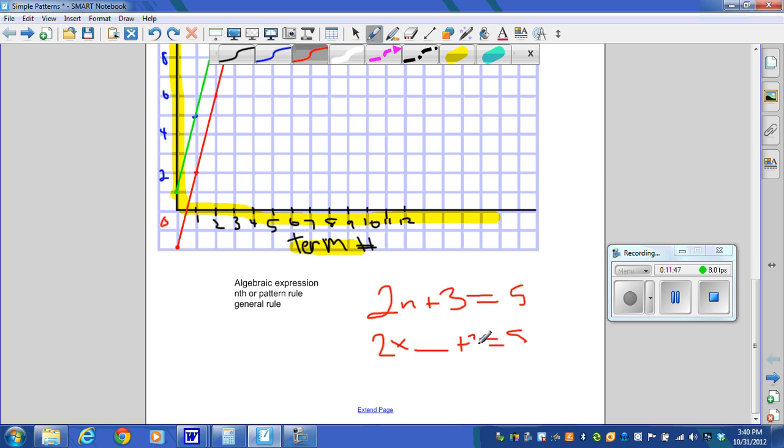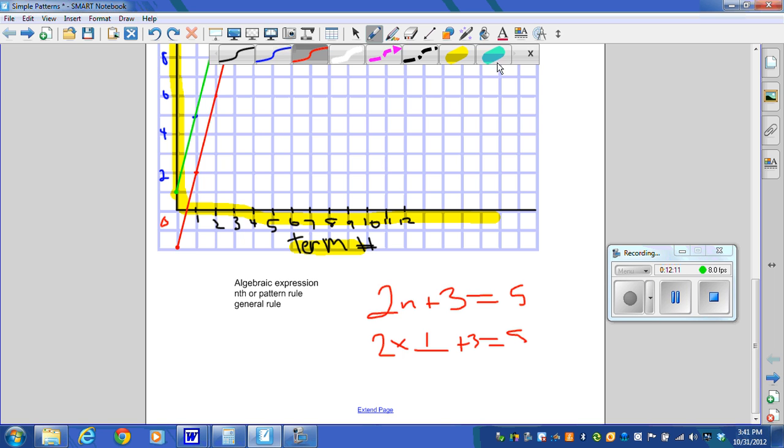We need 2 plus 3 to make 5, so I need to make this 2, so this can be a 1. So 2 times 1 equals 2, plus 3 equals 5. Therefore, the first term would give you a value of 5 in this particular instance. You might be doing something like that, but in most cases, you don't have to.